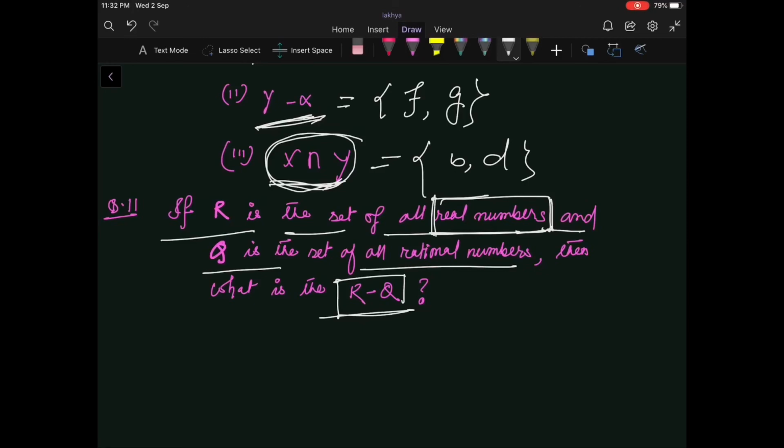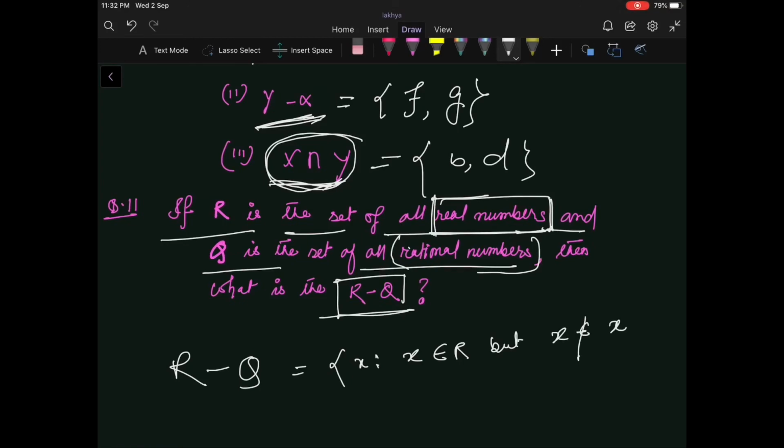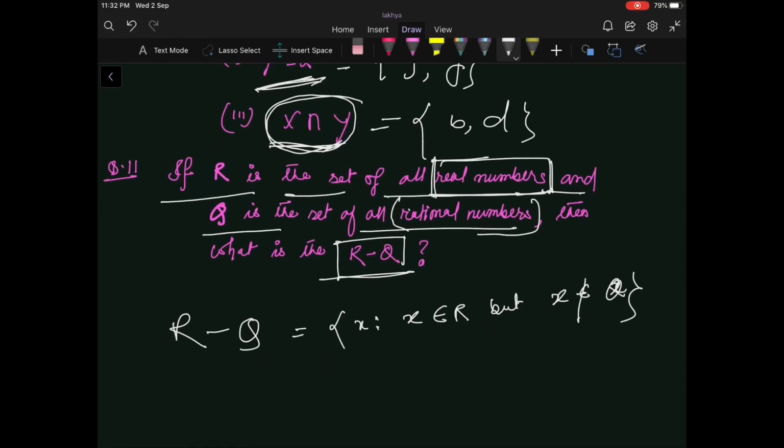When you find R difference Q, that is a set of x such that x belongs to R but x doesn't belong to Q.